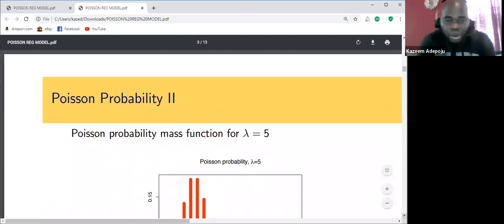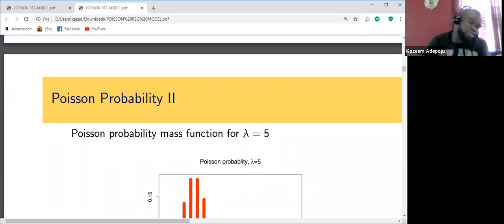The other time I gave you the Poisson probability distribution, and I told you that the parameter under investigation is lambda, the rate parameter. The reason why we are going to use Poisson regression to model incidence rate is because Poisson regression has a rate parameter.